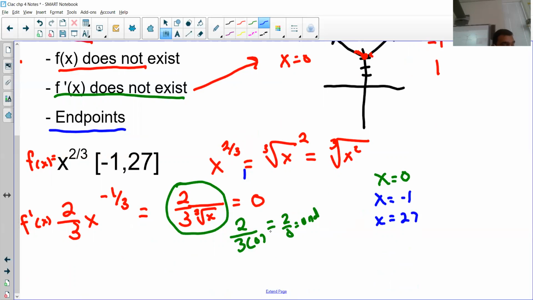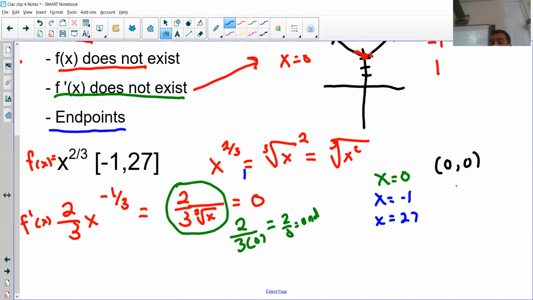So I'm going to plug x equals 0 into my original equation. 0 to the 2/3 power is 0. So your first point is (0, 0).